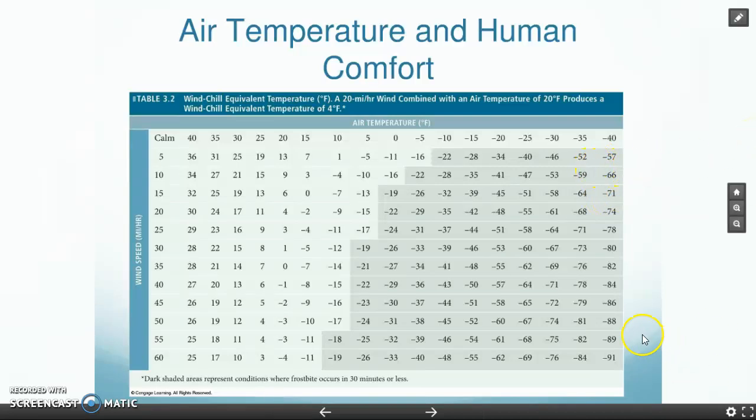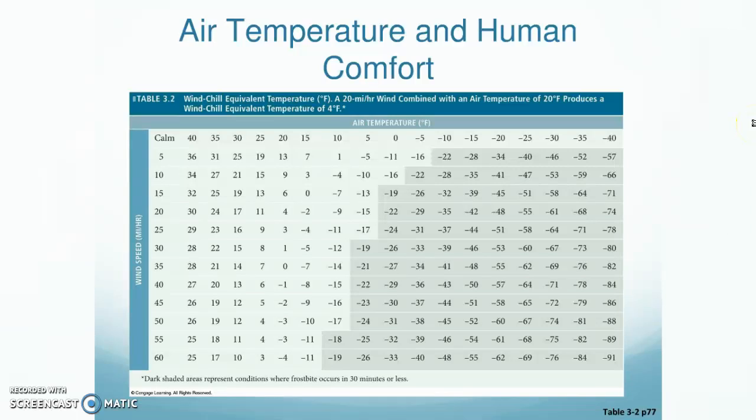You can see that at larger wind speeds, you don't have as big of a drop in temperature. It is quite dropped from the actual temperature, but from 50 to 55 miles an hour, it's not a big drop. So bottom line, wind chill causes a drop in temperature, and that drop is most apparent in colder temperatures.